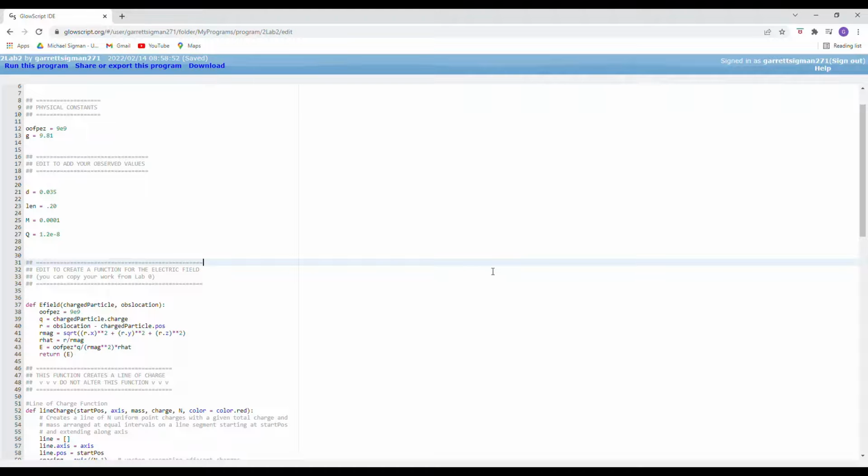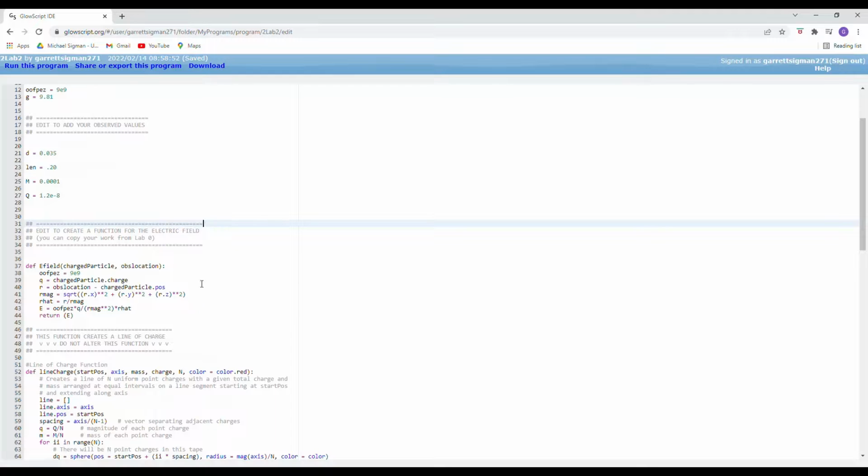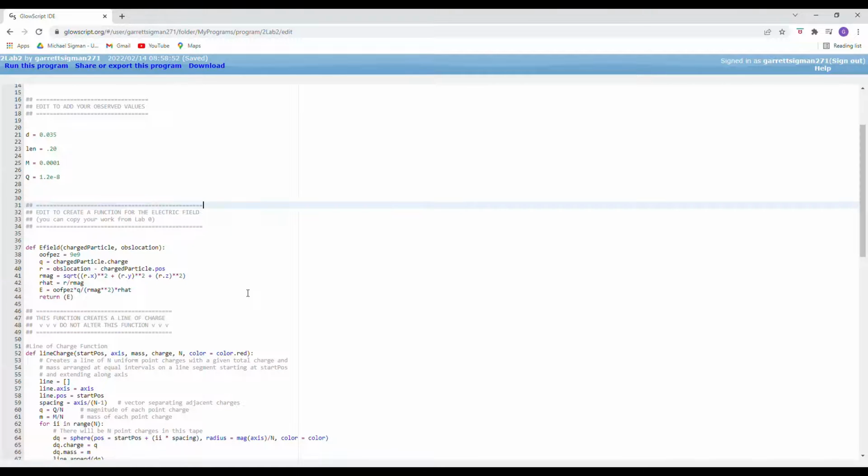So this is the code that I made for the lab. First you can see that I put in the different variables for the tapes: the distance, the length, the mass, and the charge. Then I find R by subtracting the observed location from the charged particle position, took the magnitude of that, and divided R by the magnitude to find R hat.